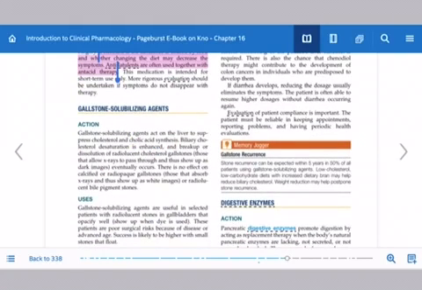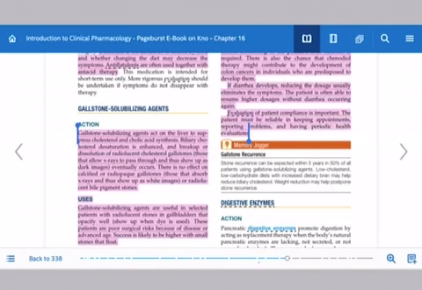Your gallstone drug, it says, acts on the liver to suppress cholesterol and cholic acid synthesis, and also biliary cholesterol desaturation is enhanced, and breakup and dissolution of radiolucent gallstones will take place.